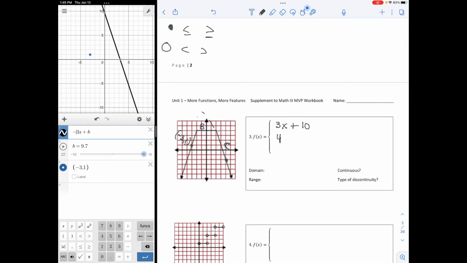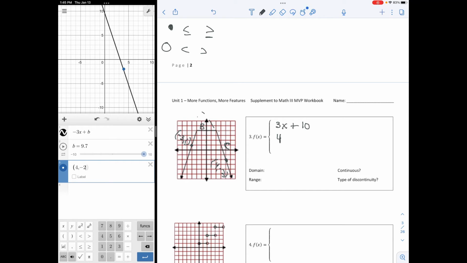So x is 1, 2, 3, 4, and y is negative 2. So we're going to go through the ordered pair (4, negative 2).